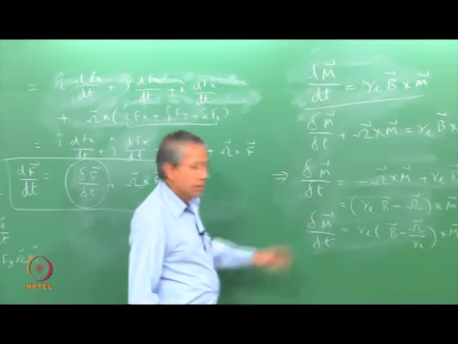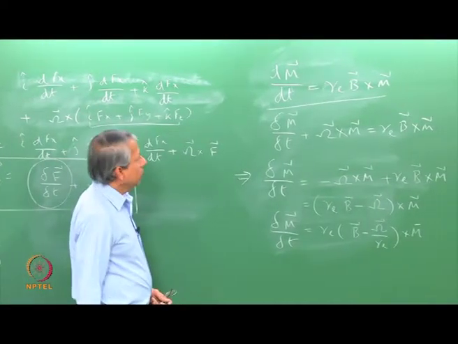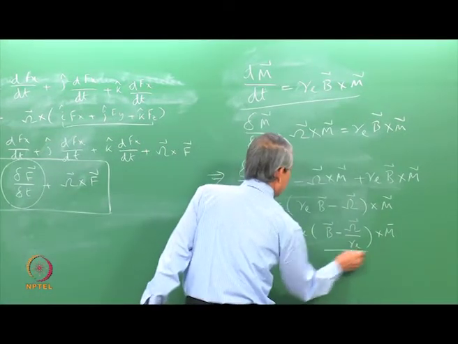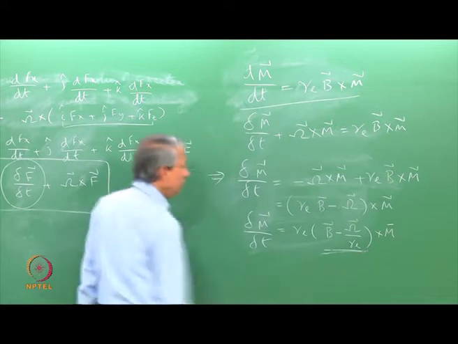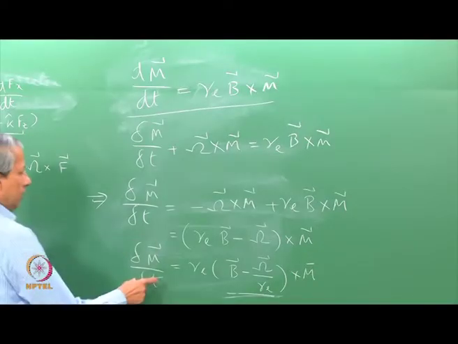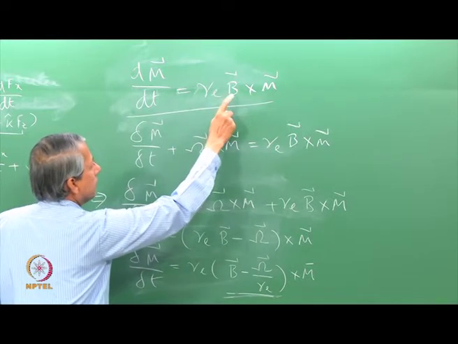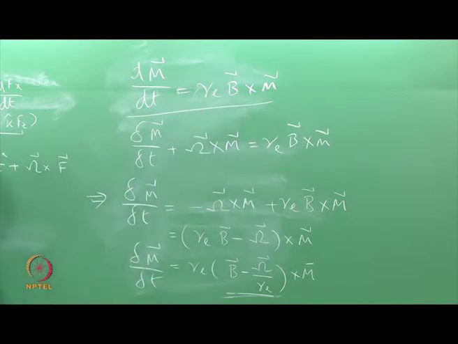So, you see they look essentially very similar, except that this effective B becomes different in the rotating coordinate system, different from the magnetic field B that is present here.